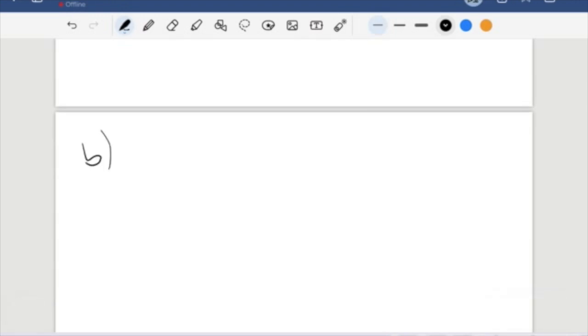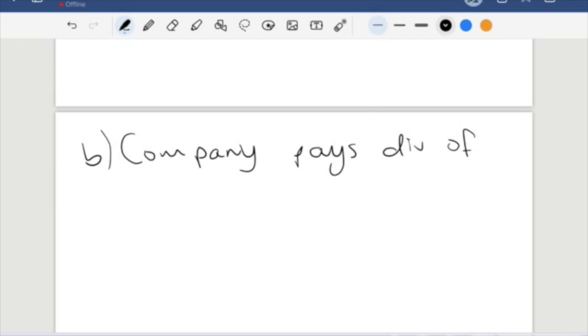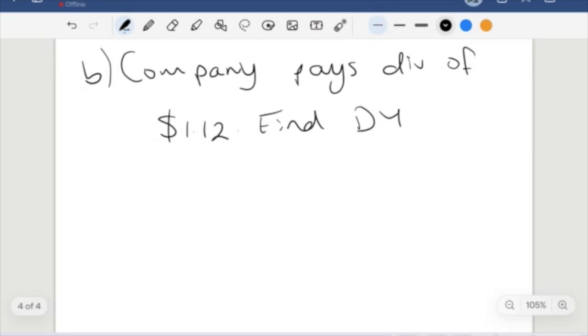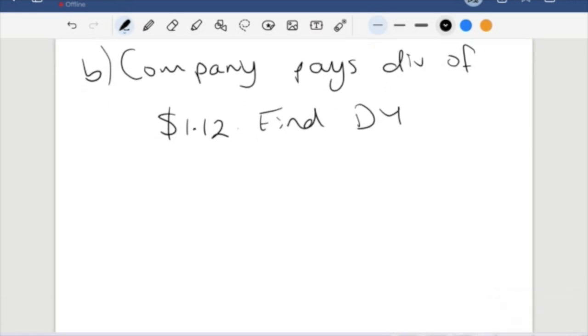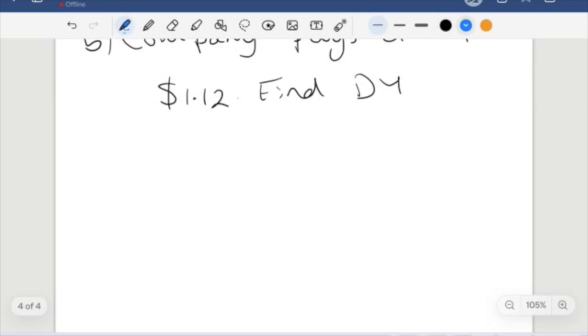Okay, now let's say the company in part B decides to pay a dividend of $1.12. And we want to find the dividend yield. Well, now we can just put it in the formula we came up with. Our dividend yield, we get that by taking the annual dividend and dividing it by the market price.